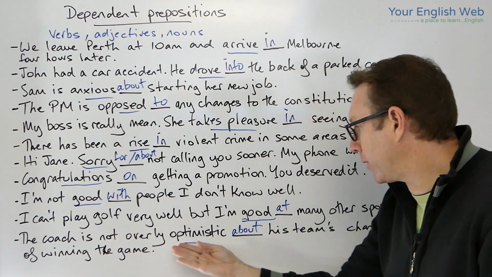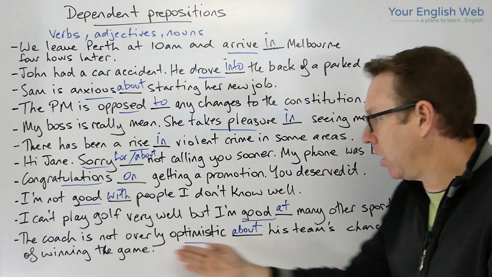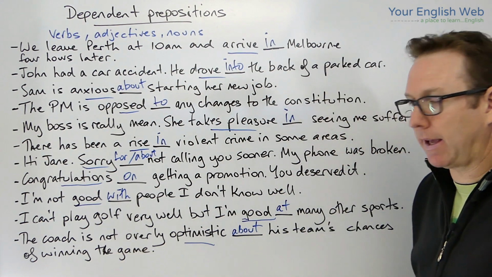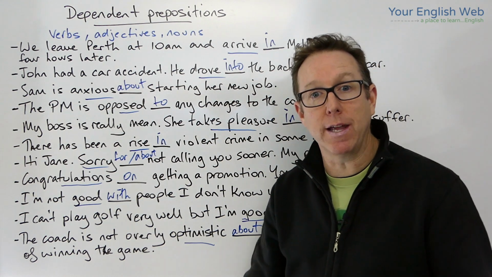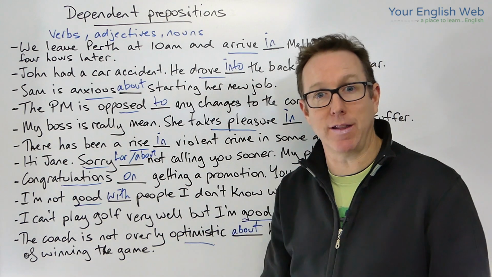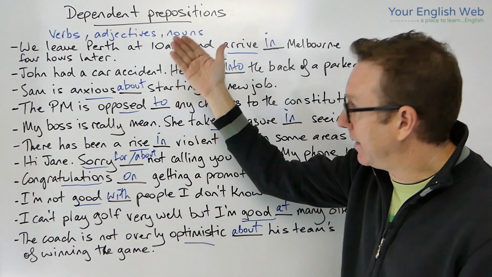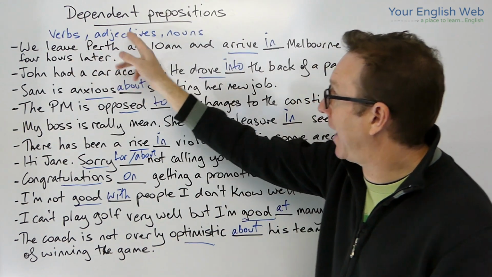He's not overly optimistic about his team's chances of winning the game, okay? He doesn't think his team can win the game. So here we can see the 11 sentences with the dependent prepositions with verbs, adjectives, and nouns.